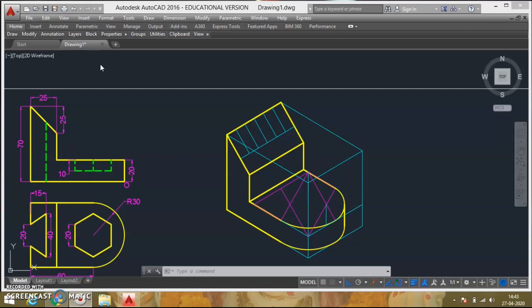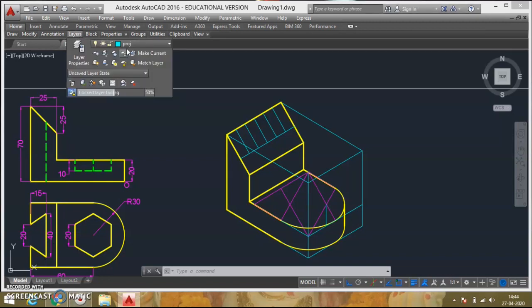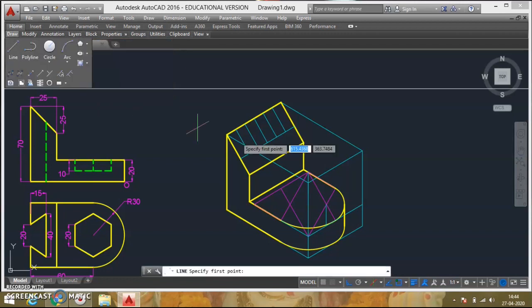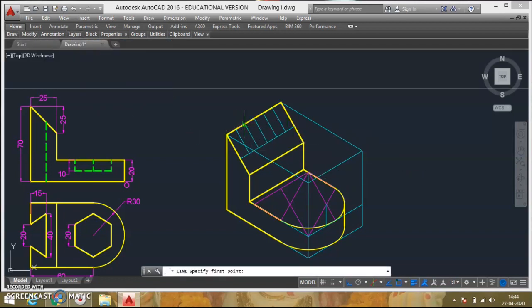on this side. Once it is done, then you can actually draw the object line there. So with the line command, you can take from this point to this point to this point to this point. Once it is done, these lines we actually don't want.